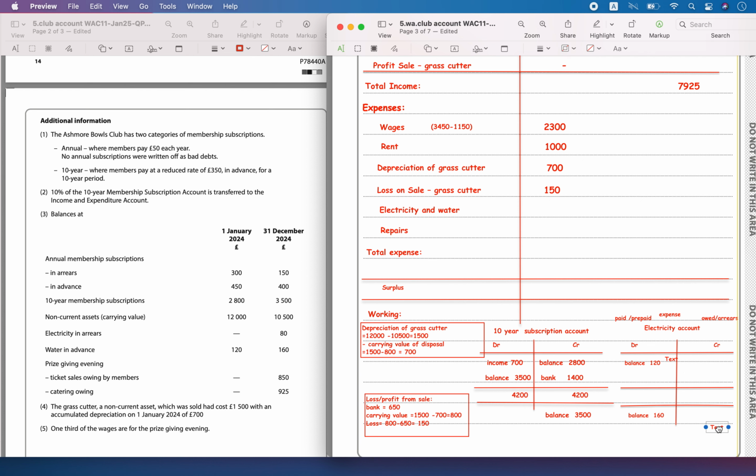So we have electricity in arrears, balance was at 80. So we have to write these balances on both the sides.